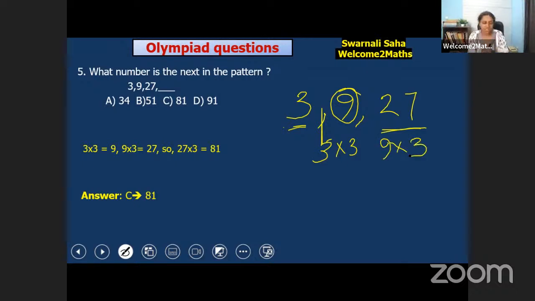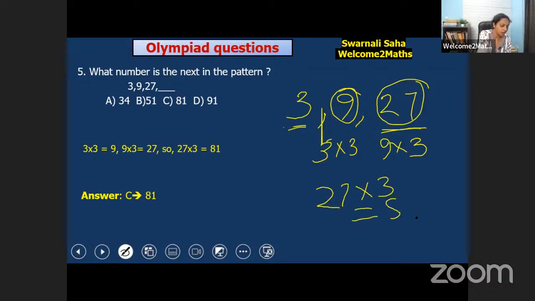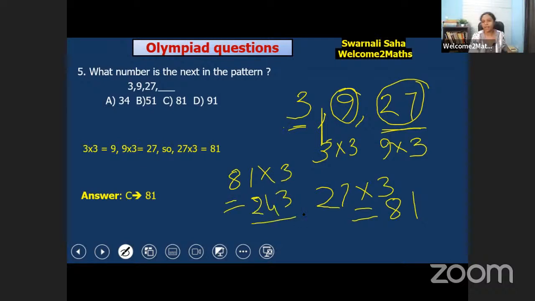So for the next number, what you have to do? Just multiply this number with 3. So it would be 27 into 3, and it is 81. So the next number in this series would be 81 into 3, 243. Fine. Hope you understood. It's 243. In this way, we have to multiply by 3 for the next number. Understood? Now, let's move on.